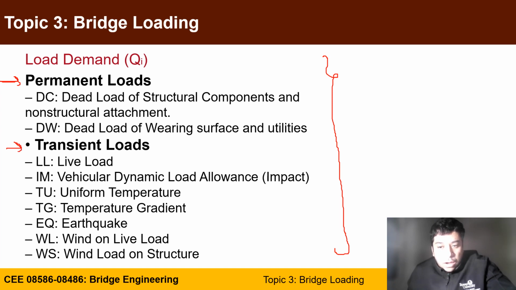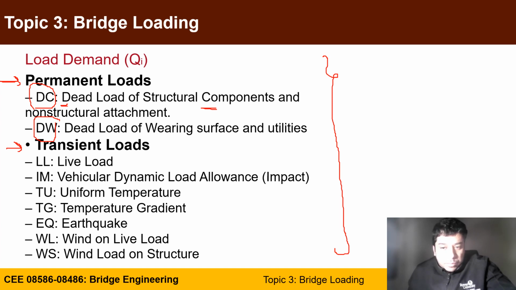Transient loads are not permanent on the bridge. In terms of dead load, we have two components. You will have DC, which is dead load of structural components and non-structural attachments.